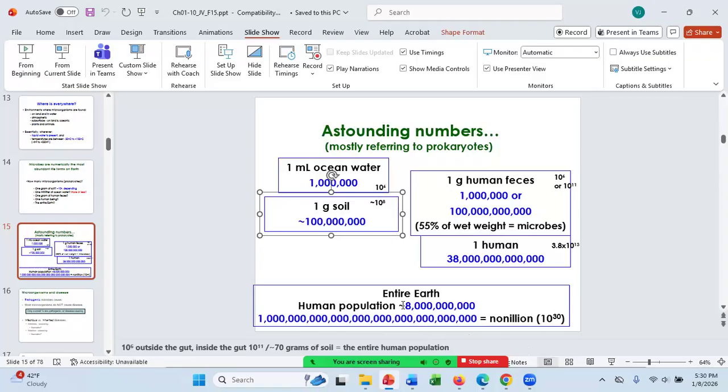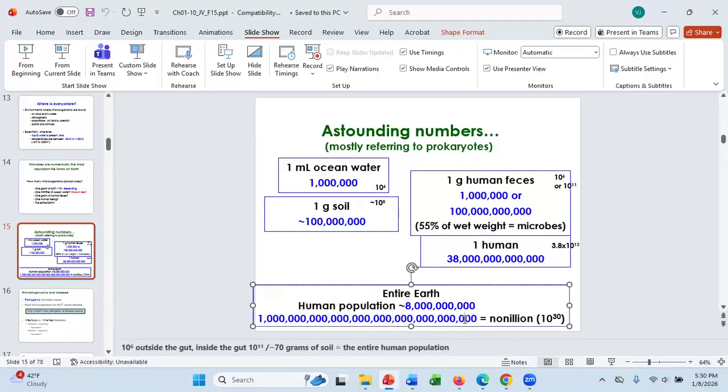This number is much smaller than a nonillion, which is the population of microorganisms, or at least prokaryotes, on the planet. Any question about these numbers? Now remember, if we're talking about viruses, you'd have to take this times 10.